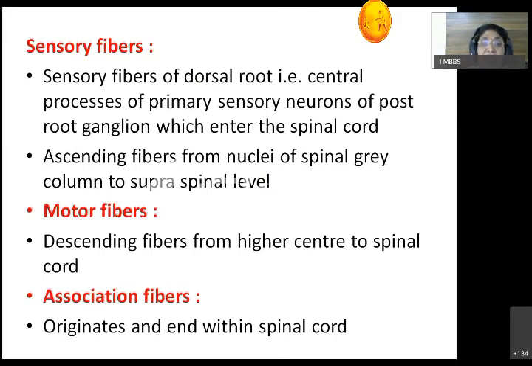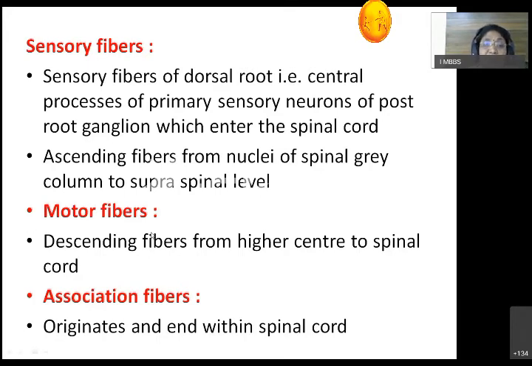The sensory fibers also come from the nuclei present in the spinal cord, and they run above to reach the supraspinal level. So two types of fibers form sensory fibers: number one, coming from the dorsal root, and another from the nuclei of the spinal cord which reach the supraspinal level.